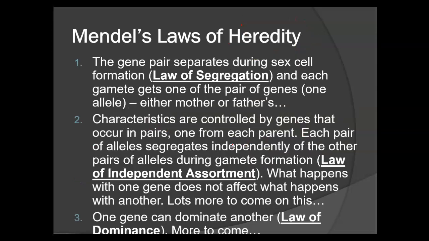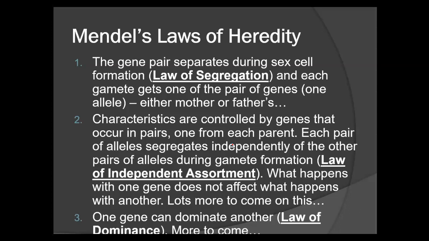So Mendel's laws of heredity that I want to talk about with you. These three I need you to know, and I need you to memorize them and understand what we mean by each of them. So the first law is what we just talked about, what we call the law of segregation, is that each gamete gets one of the pair of alleles from the individuals that make them.